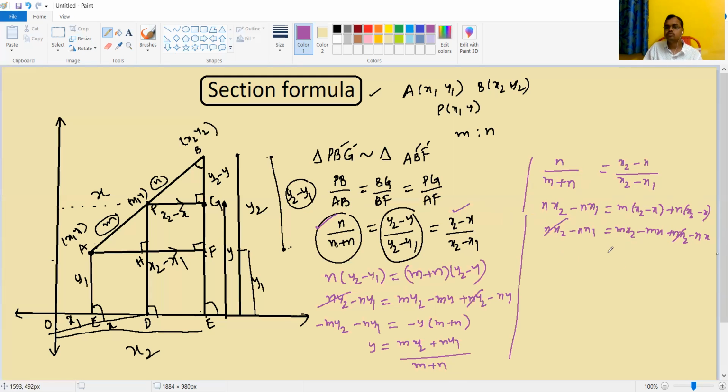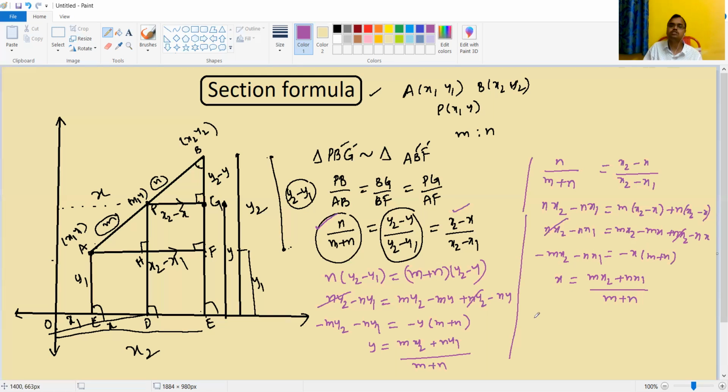So mx2 on this side, minus mx2 minus nx1 is equal to minus x times of m plus n. Multiply both sides with a negative sign. x is equal to mx2 plus nx1 by m plus n.